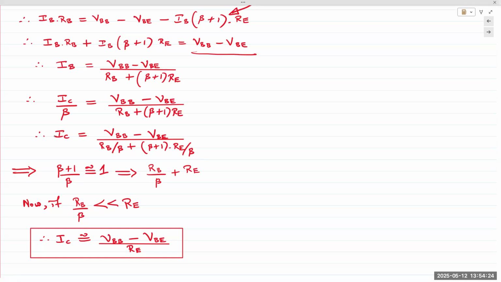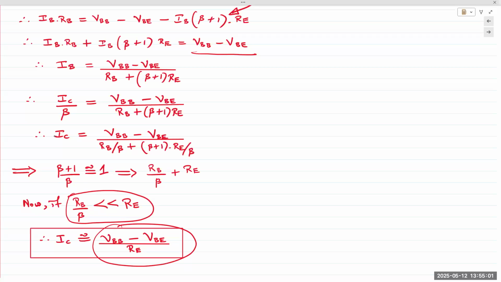And if we design and choose the values of our resistors such that RB divided by beta is far less than RE, then IC is simply dependent on the input voltages and RE. There is no beta in that final equation. It is there, but when we are designing, we are always designing with a purpose or a specific application in mind, right?